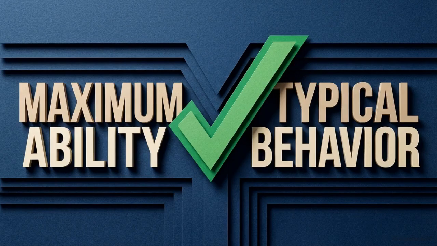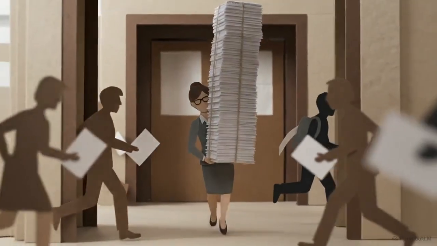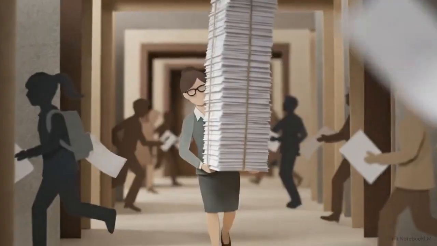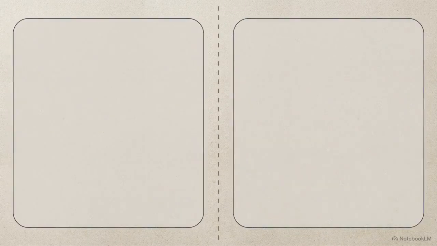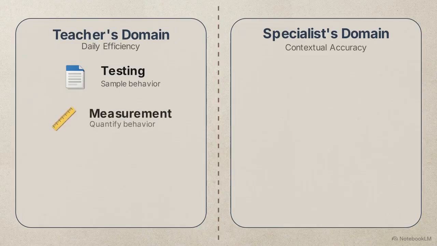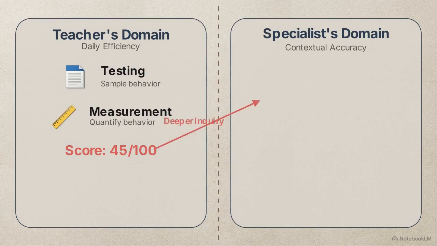So, how do we practically apply this hierarchy in a school environment where time and resources are stretched thin? This scorecard maps out how different educational professionals can ethically divide their focus across the psychometric process. Front-line teachers move through testing and measurement daily. In this role, a low grade acts as a trigger for deeper inquiry rather than a final verdict on a student's capability.